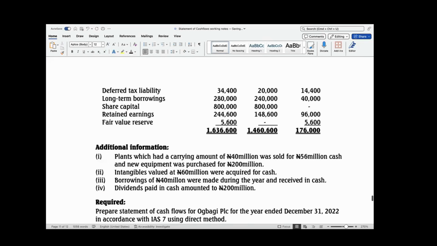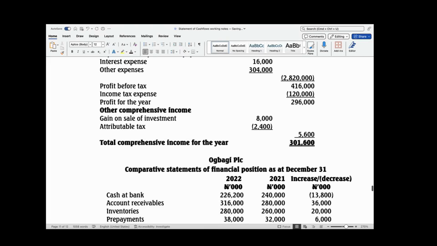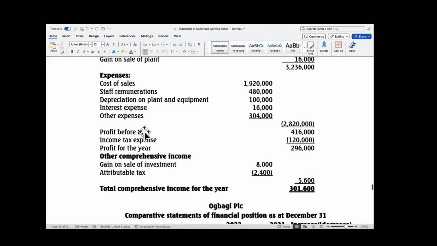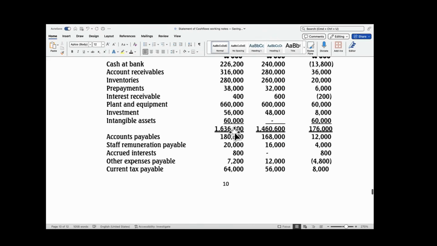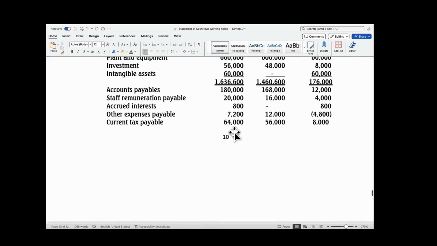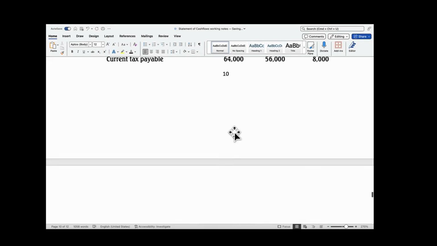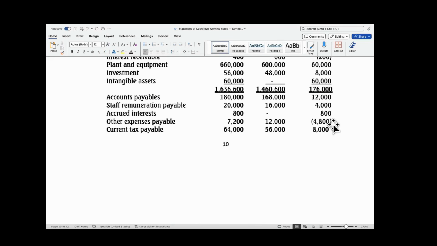Then after my other expenses, the next item here is income tax expense, which is 120,000. Am I owing income tax expense for the year? Yes, I am.